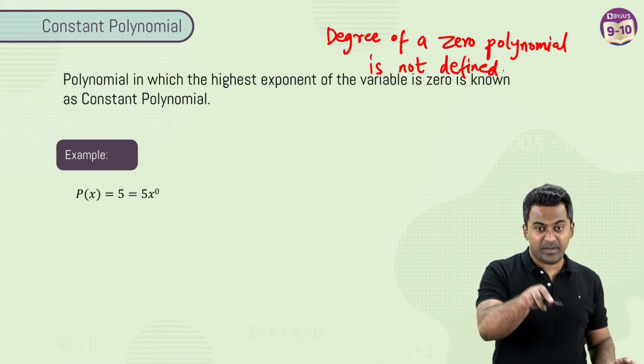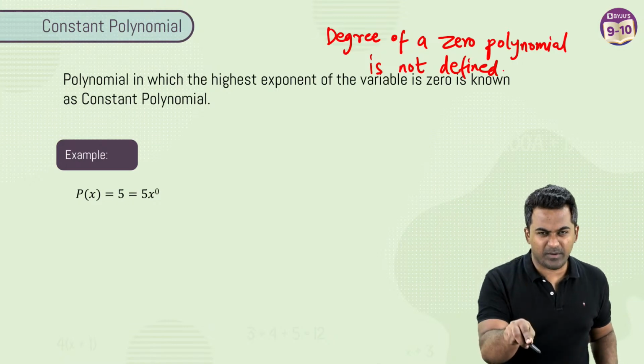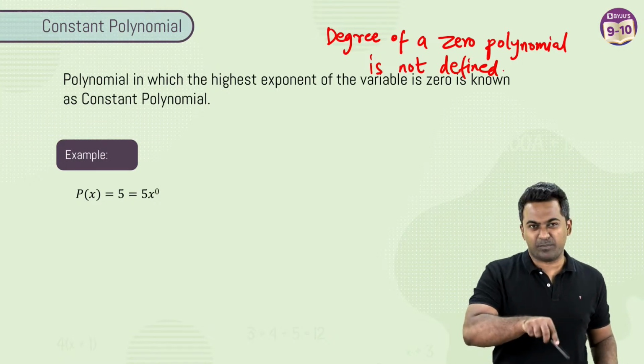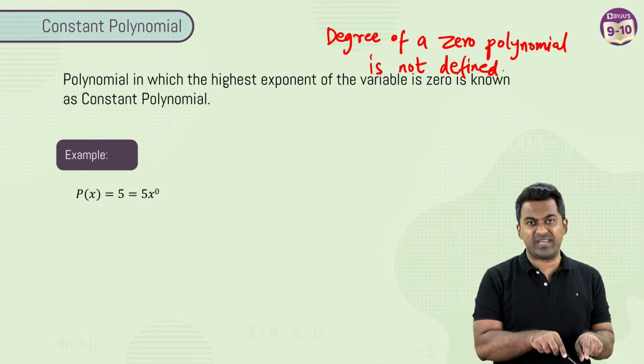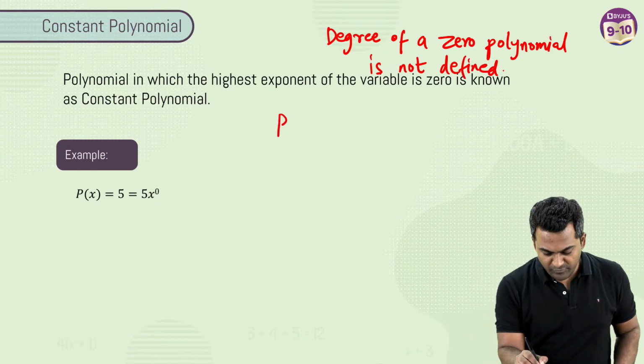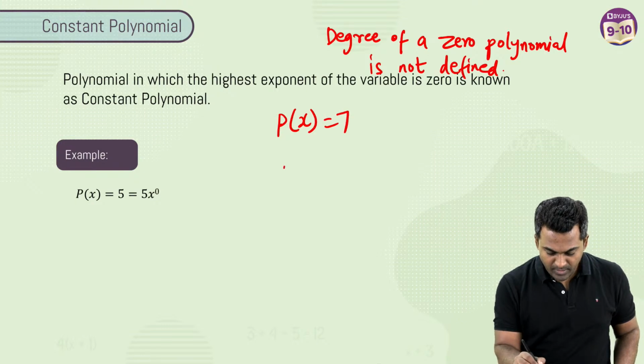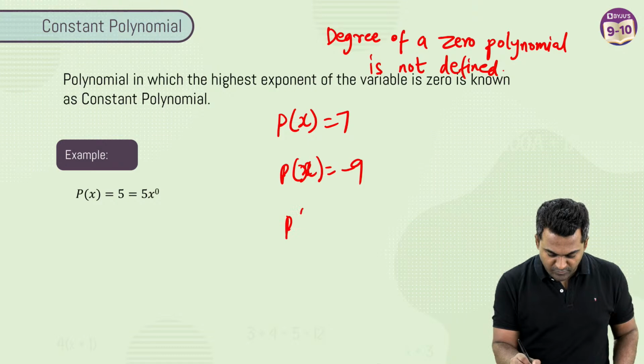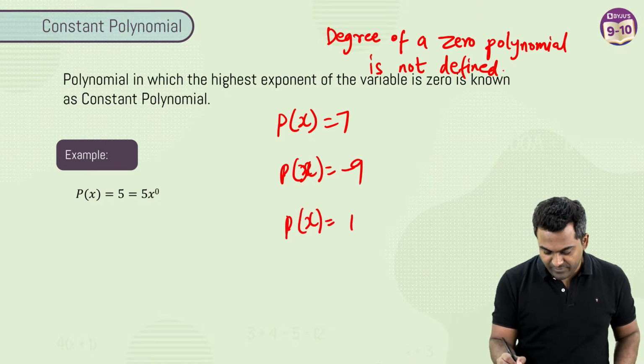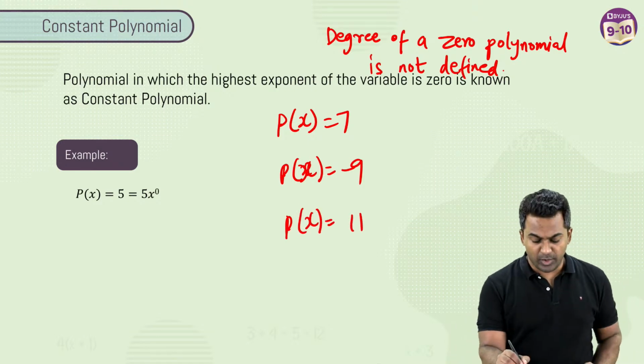Now coming to, I don't remember the name, I'm sorry about that, constant polynomial. In a constant polynomial you will have a number, like p of x being 7, p of x being minus 9, p of x being 11. All of these are called constant polynomials.